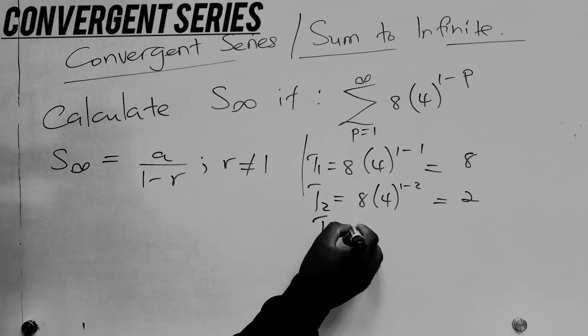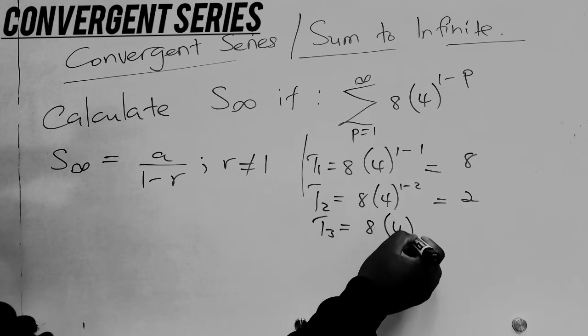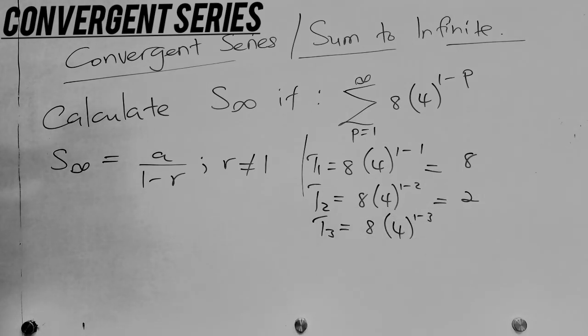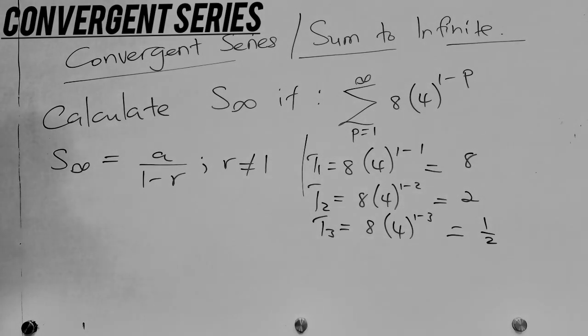Then T3 is 8 times 4 to the power 1 - 3. 1 - 3 is equal to -2, which gives half. If you simplify on your calculator you get those values.